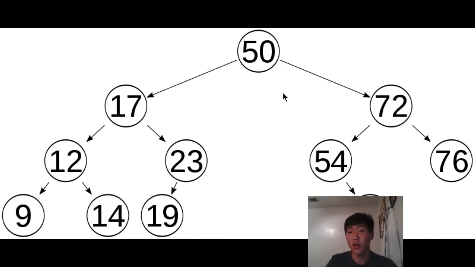If you also look at any of its other nodes, you'll notice it's the same. If you look at the 72, the two children consist of a height of 1 and 2 for one subtree and 1 for the other. So 2 and 1, the difference is only 1.